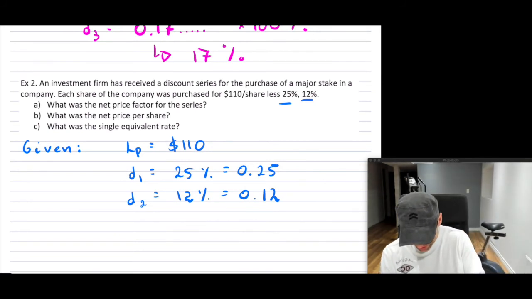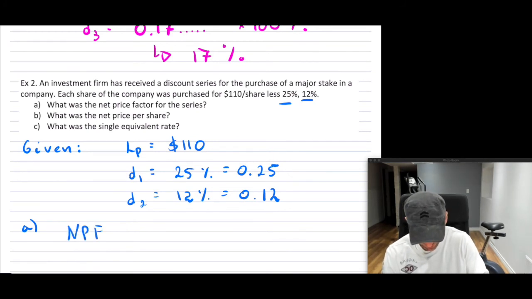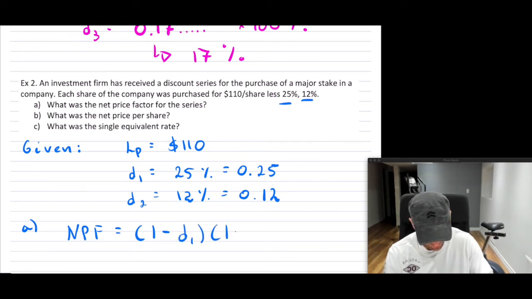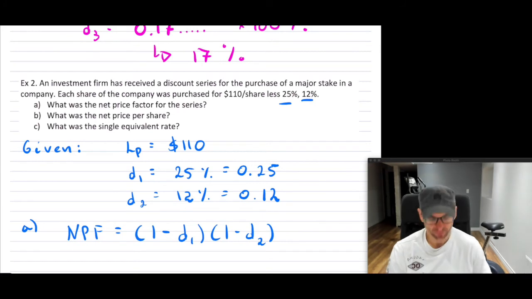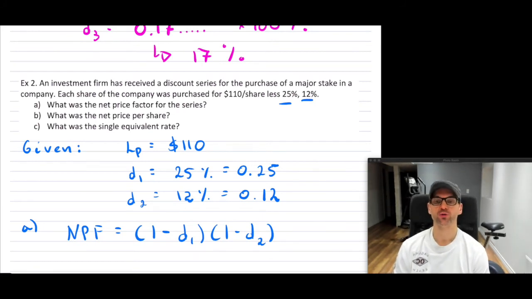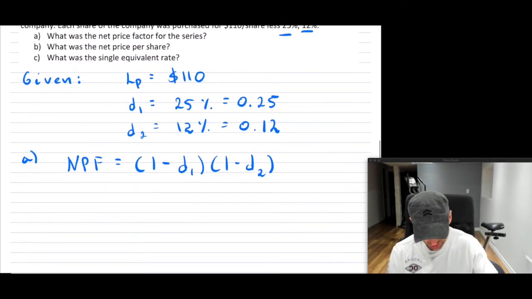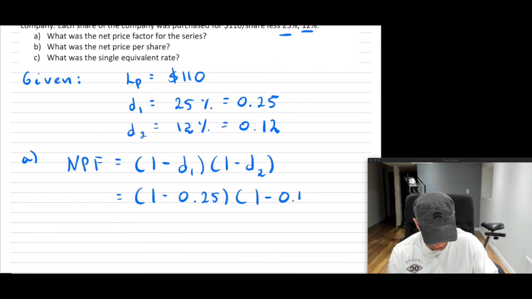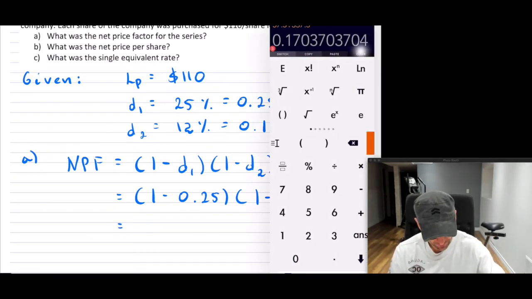Now, part A, net price factor. So from our first example, net price factor is 1 minus discount number 1, times 1 minus discount number 2, because we only have 2 discounts. Substitute your discounts and calculate the total.